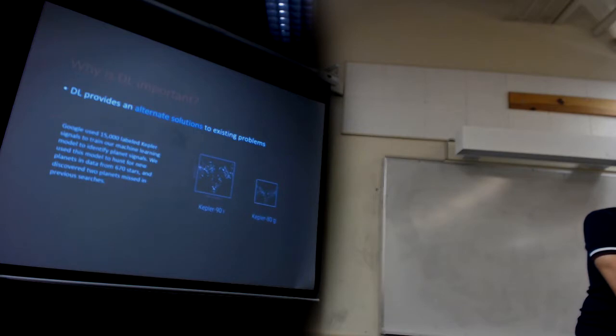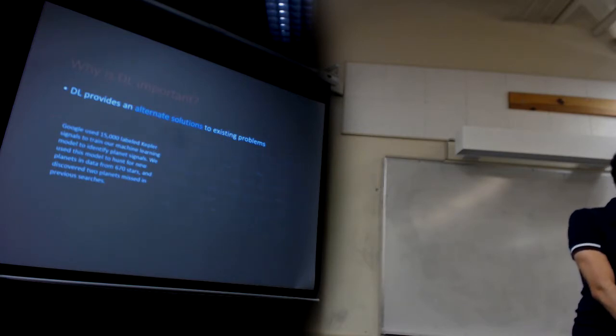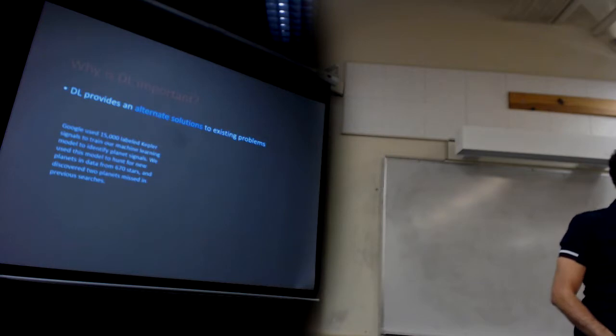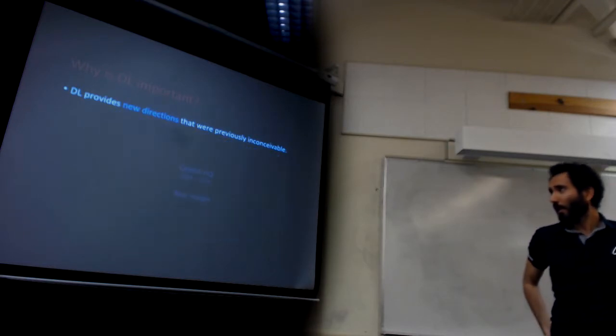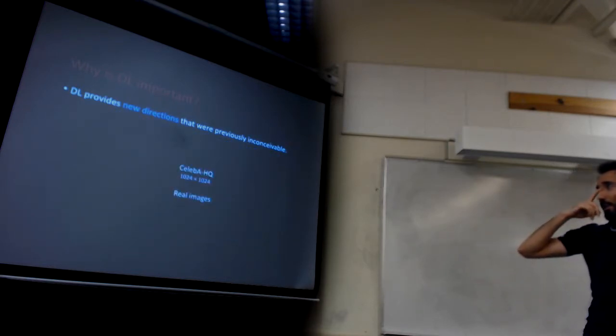Now let's switch gears and go to some other directions that are not alternate solutions. These are completely new paths that, if they were not shown, you wouldn't necessarily think that they are possible. What you see here is a generative model.